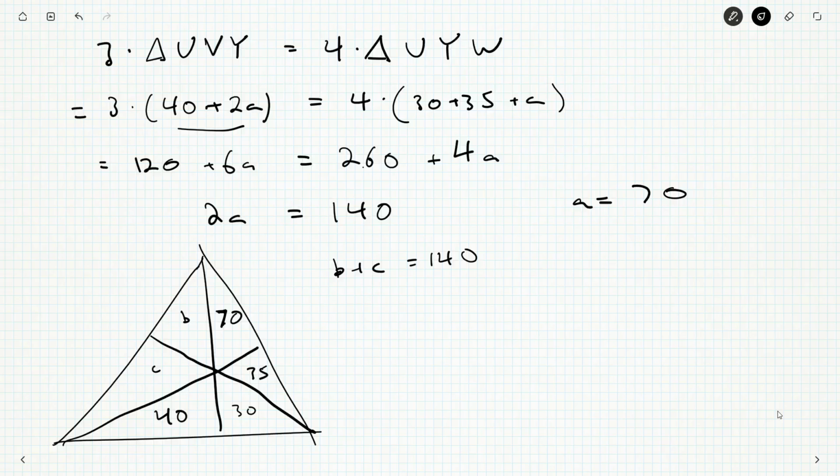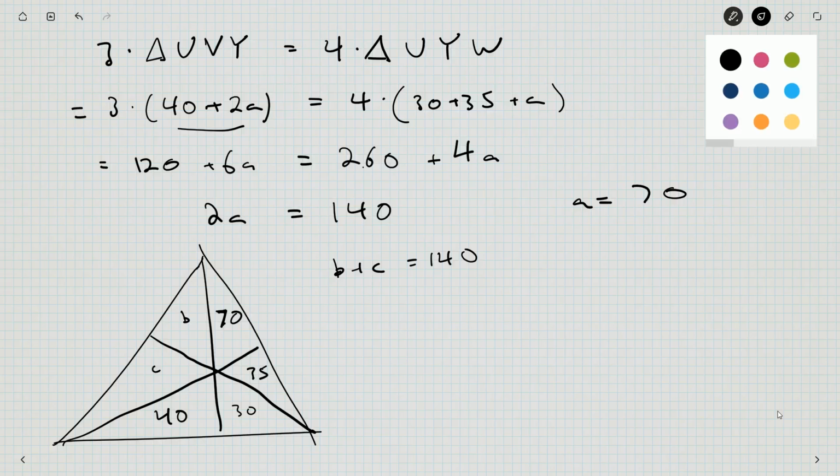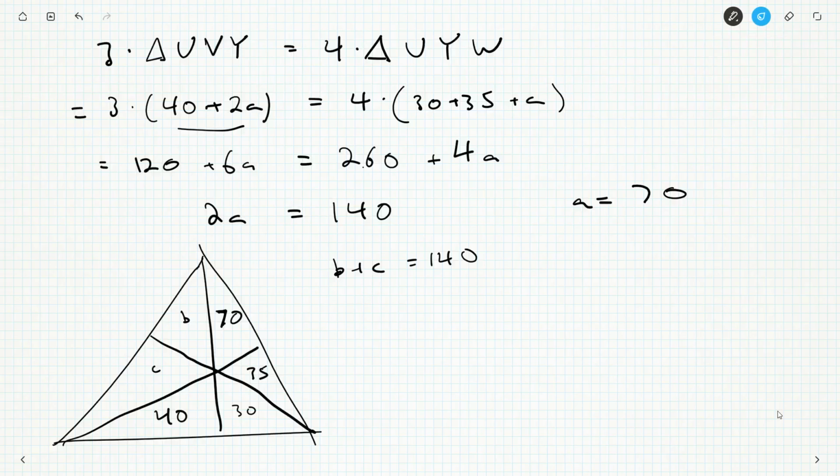So, okay, I wanna try and get B. So I wanna deal with sides that have B on them. That's the new task. Now the question is, can I get one that has B and only a few other bits?